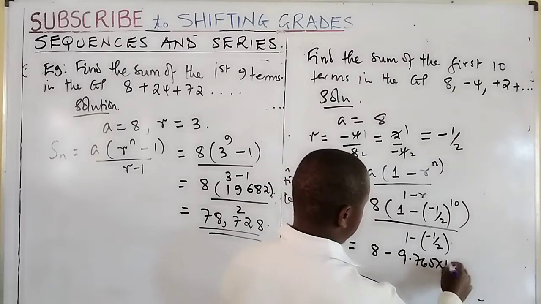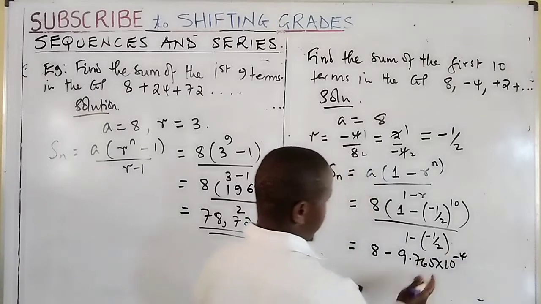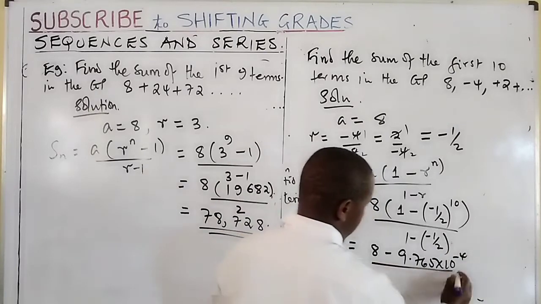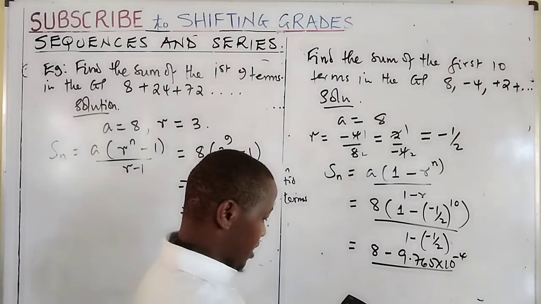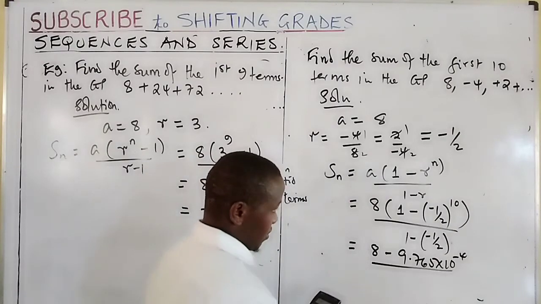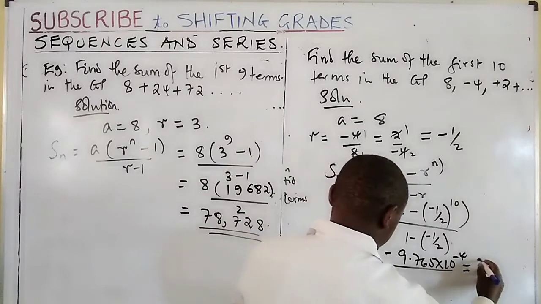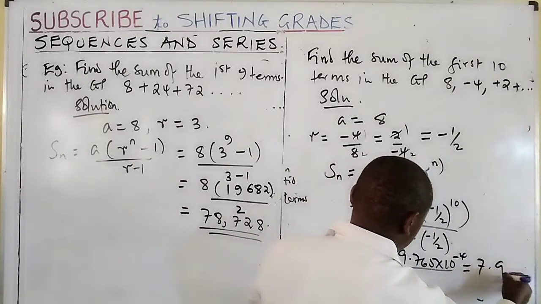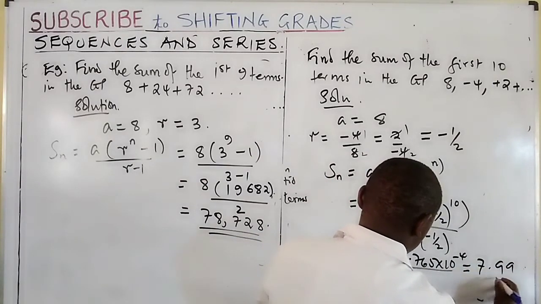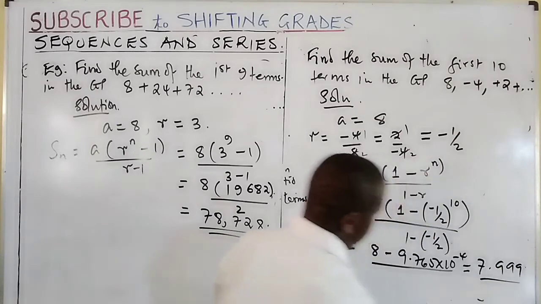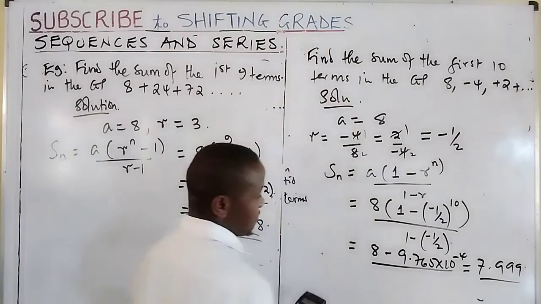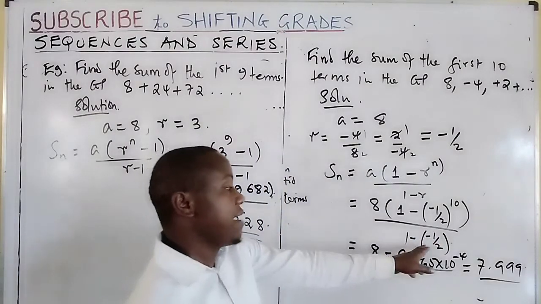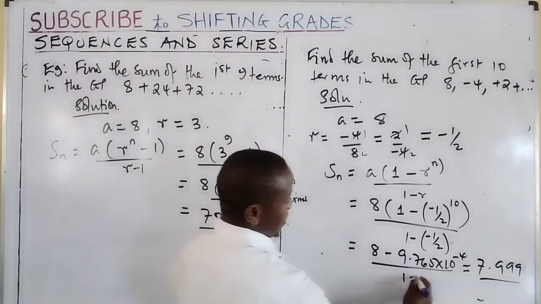Half raised to 10 is 9.765 times 10 to the power negative 4. Therefore we can subtract, 8 minus that, which will be 7.99. Then we divide by, when we take 1 minus negative half, it becomes 1 plus half, so this should be 1.5.